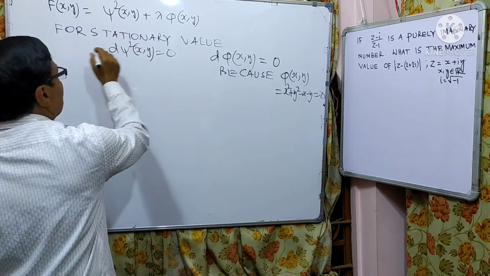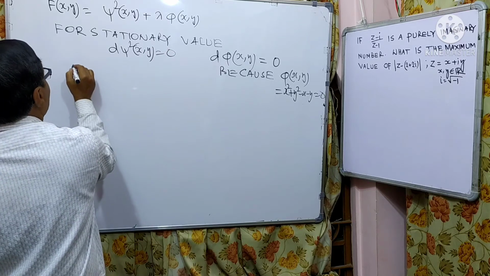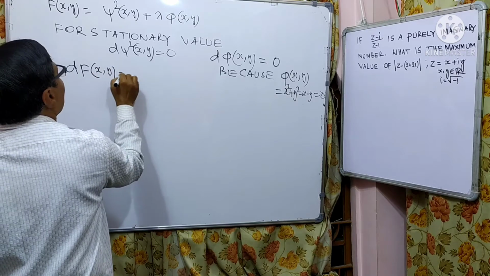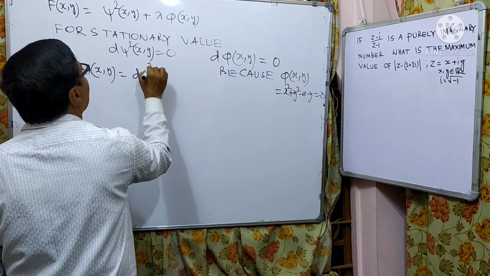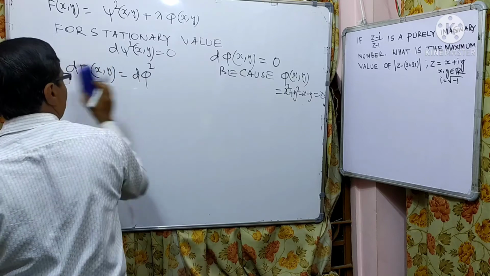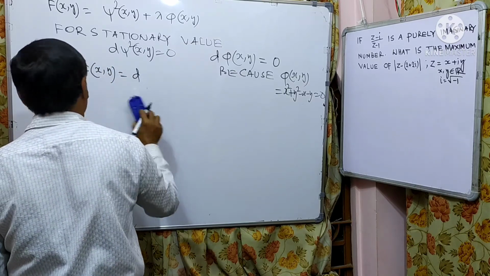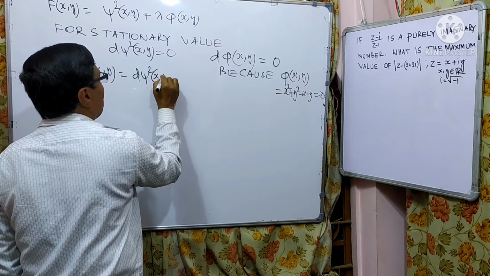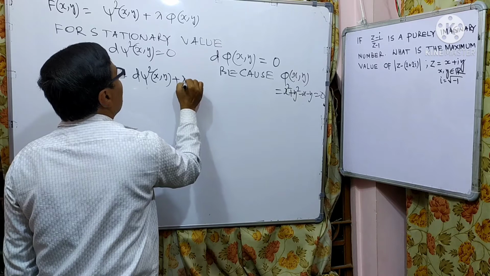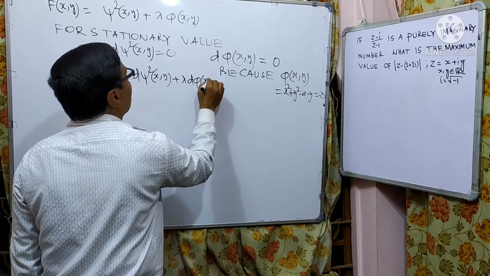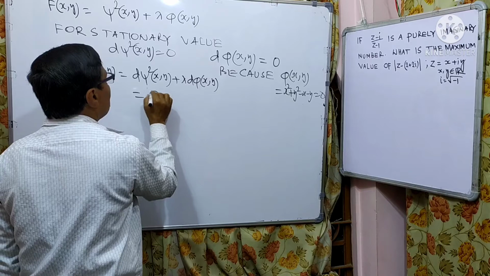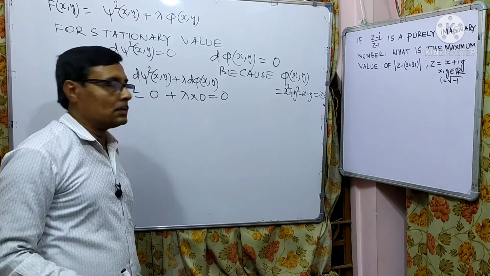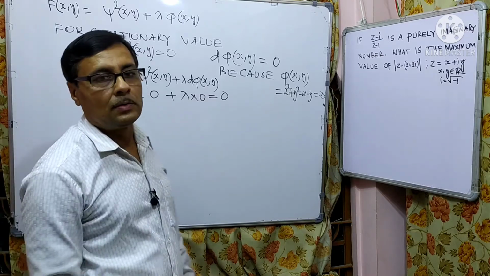So for the stationary value we have dF = d psi² + lambda d phi = 0 + lambda times 0, which is 0. So dF(x, y) = 0.